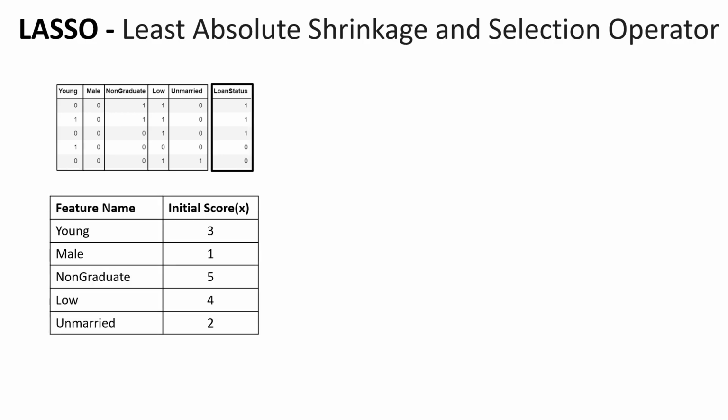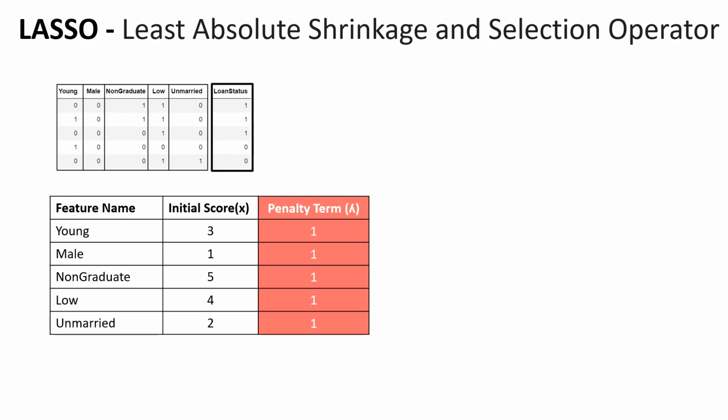So let's say this is how it does the scoring. These scores which you see are not the real scores which came out of training the model. These are just hypothetical numbers, for example. So what you see, young has a score of 3, low has 4, etc. Now after this, lasso does the shrinkage of the features by penalizing them with lambda.